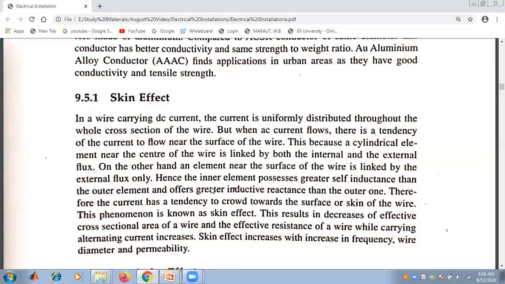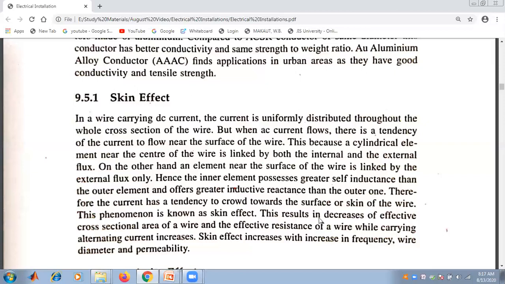Because the inner element possesses greater self-inductance than the outer element and offers greater inductive reactance, the current tends to crowd towards the surface or skin of the wire. This phenomenon is also known as skin effect.